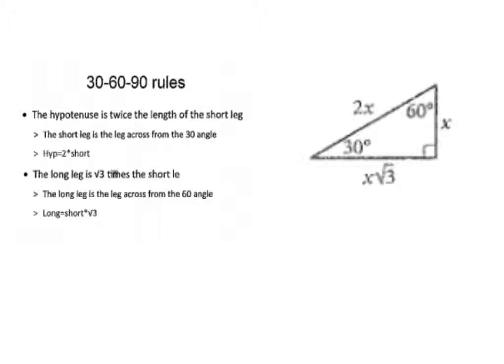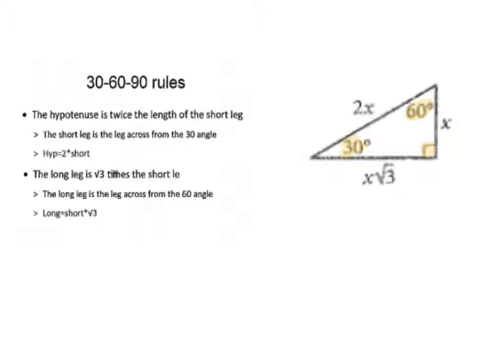Alright, the next type of special triangle is a 30, 60, 90. A 30, 60, 90 triangle has a 30-degree angle, a 60-degree angle, and a 90-degree angle, hence the name. In a 30, 60, 90 triangle, the hypotenuse is twice the length of the short leg.